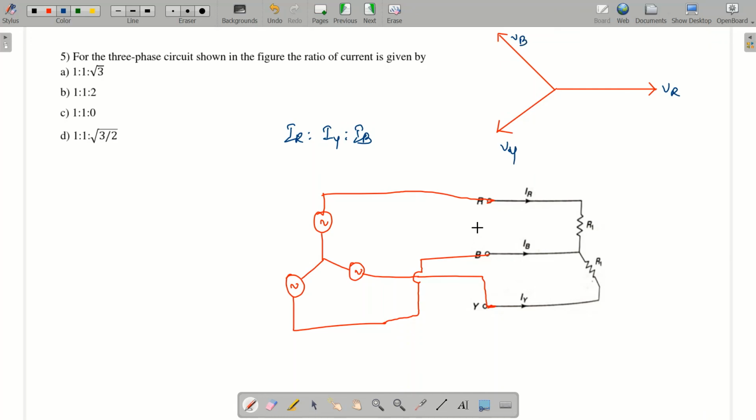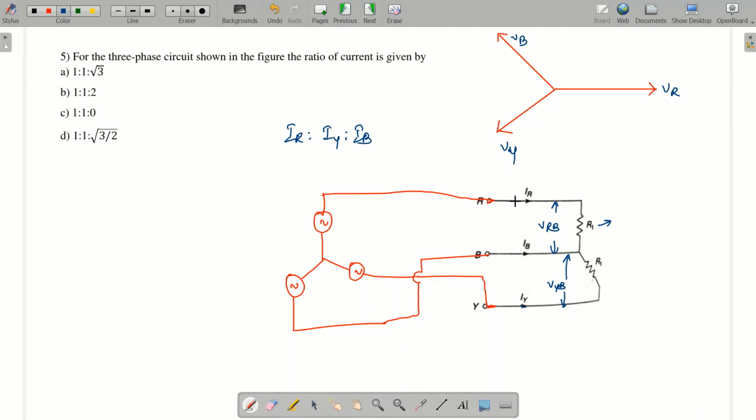Now see the voltage across this phase. This voltage across this phase will be how much? VRB, and the voltage across this phase will be how much? As the current is entering here, I will consider it as VYB.